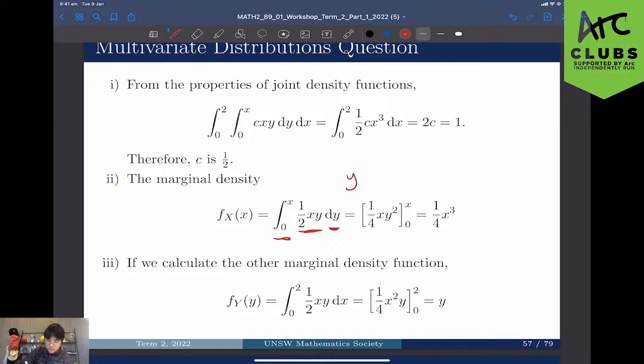Since y is less than x, greater than 0, that's why we select these bounds. And then we just integrate. So we get a quarter x cubed for the marginal density of x.